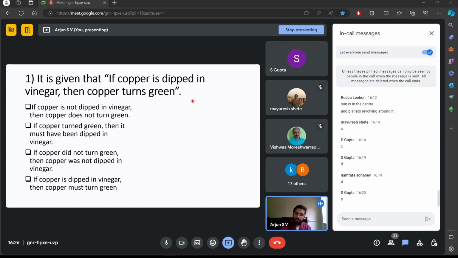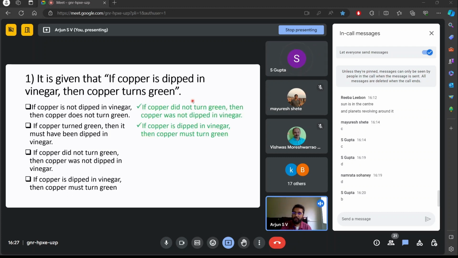If B does not happen, A does not happen. Modus tollens means if A happens then B happens, and if B does not happen, then A does not happen. Yes, exactly. So that is modus tollens.